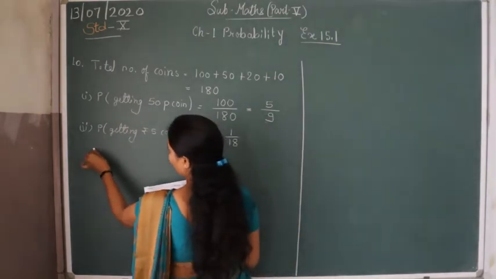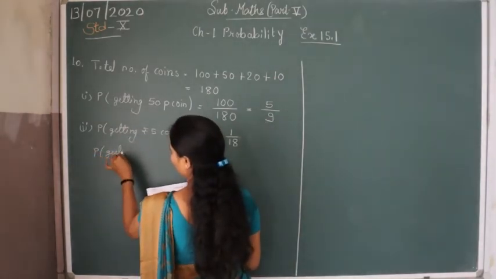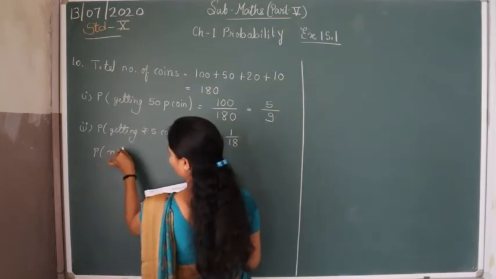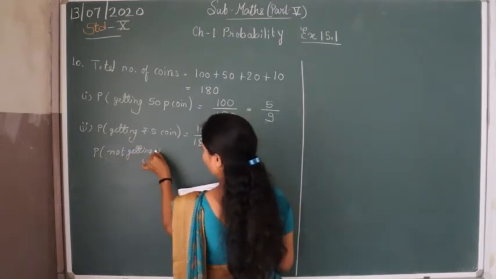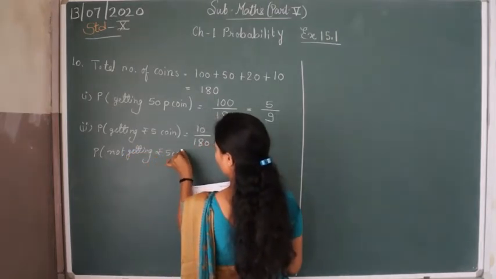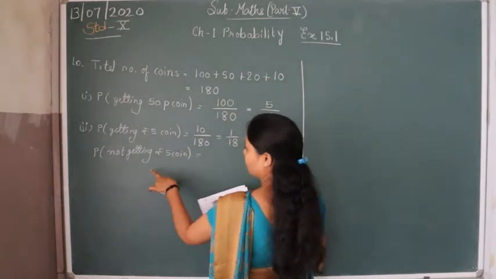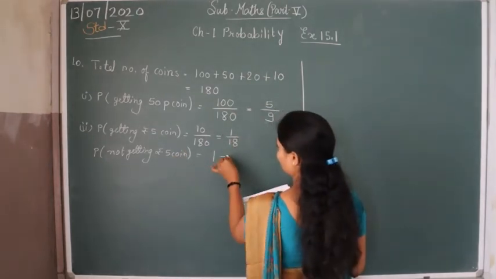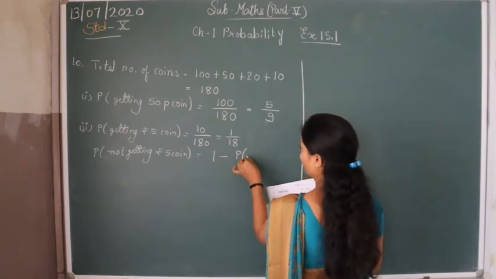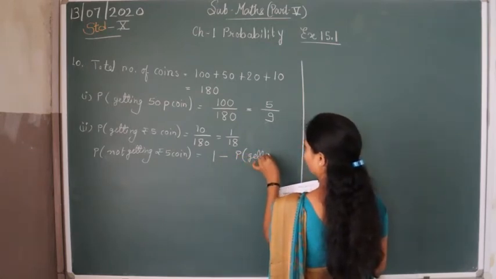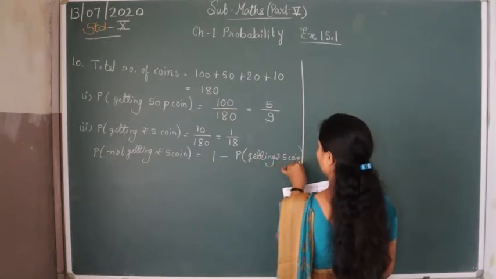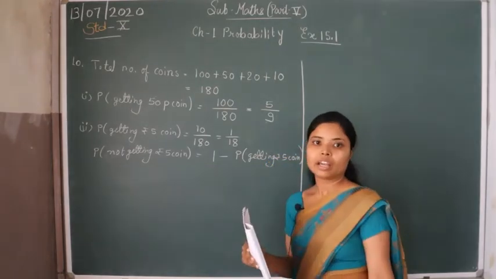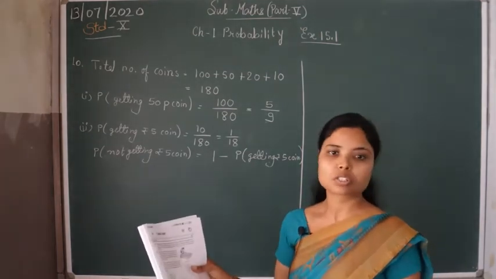So now, not getting a 5 rupee coin. When we solve this, we use the formula 1 minus the probability of getting a 5 rupee coin, as I taught you in previous videos.